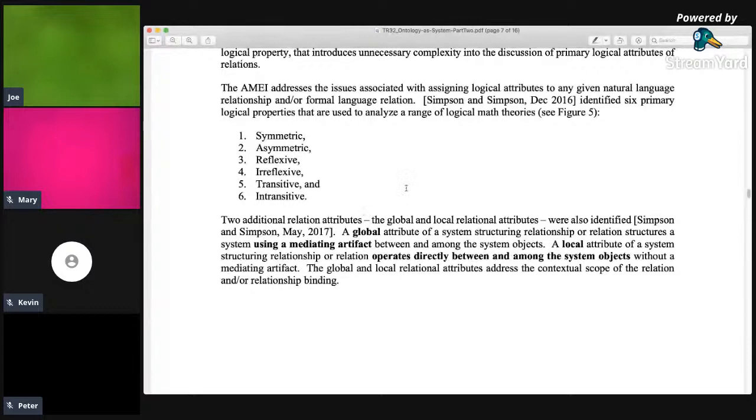Besides, of course, the logical relationship groups, we've identified other attributes that are important. And one's a global attribute and the local attribute. And what do those mean when you're talking about a relationship between objects?